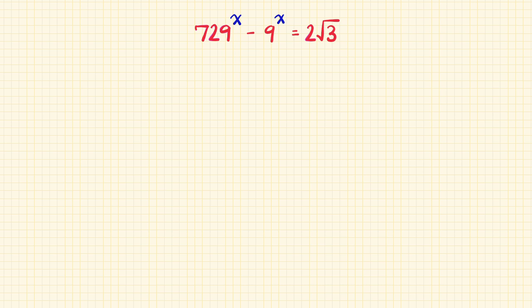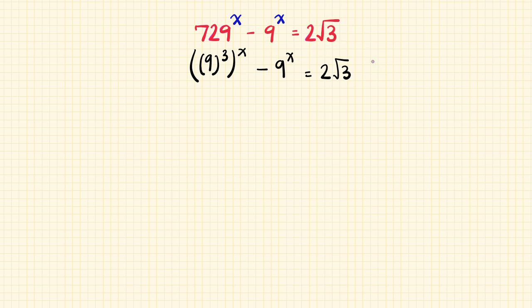Continuing. By looking at 729, I have done these many questions by now, I know it's related to 9, right? So let's write it: 9 cubed, then power x, minus 9^x, equals root 3 as it is. Because we are solving it, we're going to take the right hand side with it.